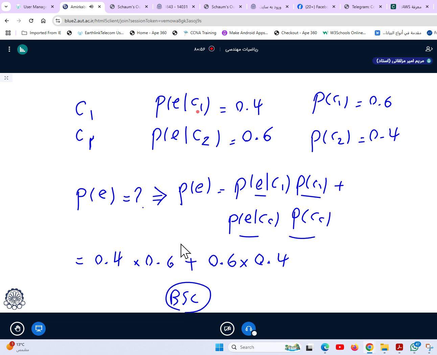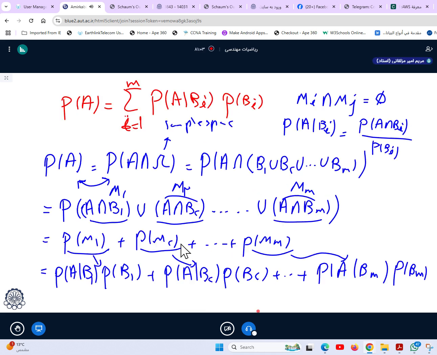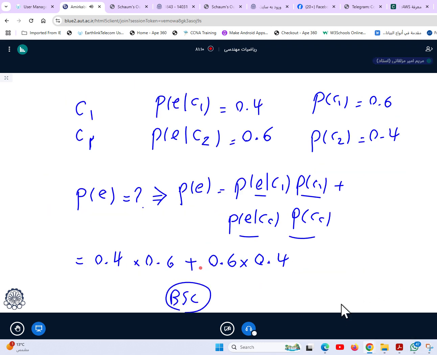Yes, in this example, Mr. Nureddin, do you mean this example or the proof of the total probability theorem? Okay. In this example, we have the probability of error given class 1 and given class 2, and we want the probability of error without any conditions.